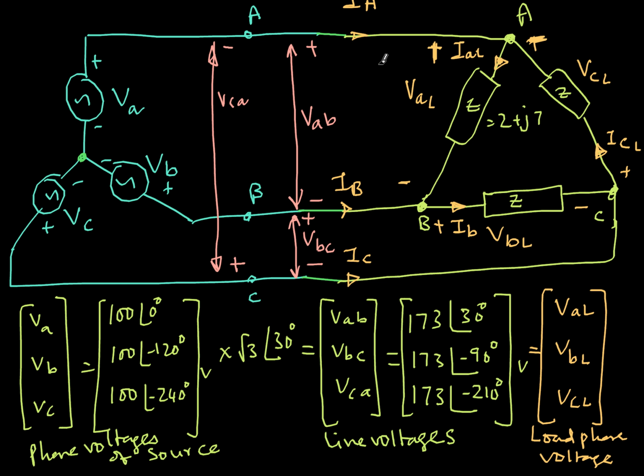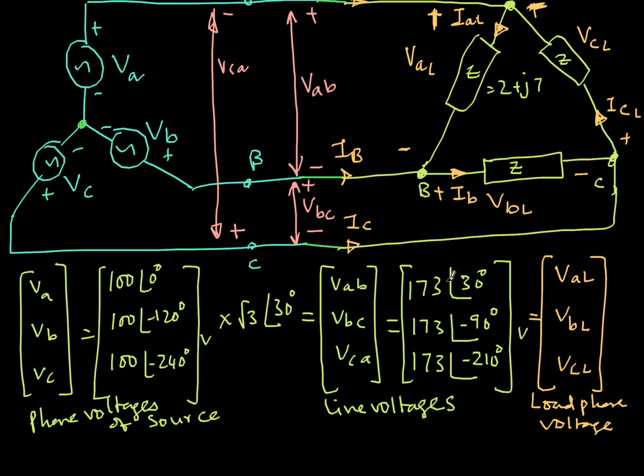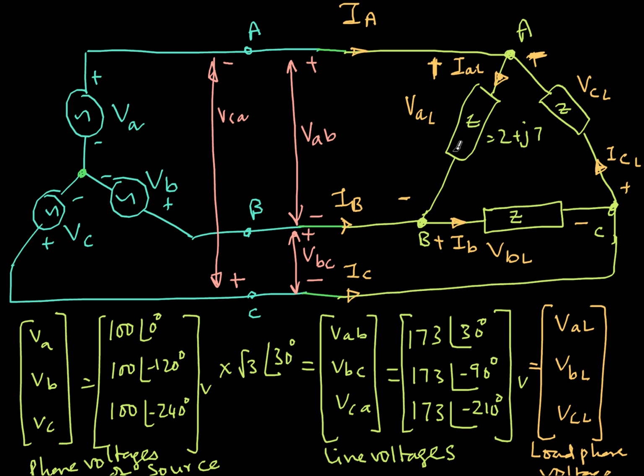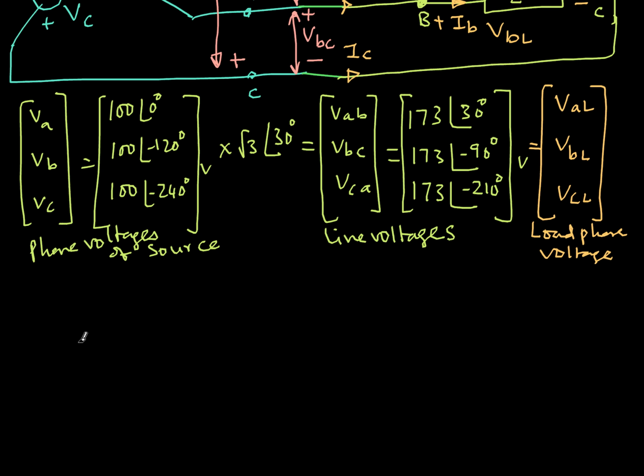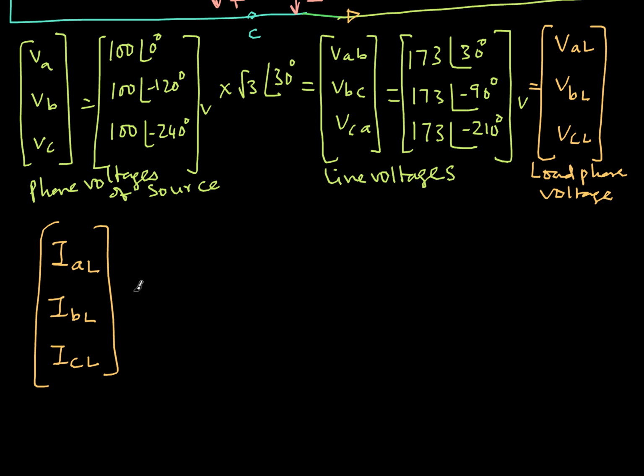So now once I know what is VAL, can I find IAL? Of course I can find IAL, just divide by Z. Because VAL is applied across A to B and Z is the only impedance, and the only current that is flowing here is IAL. So not only IAL, I can find IBL, I can find ICL also. All these three currents. So how do I find them?